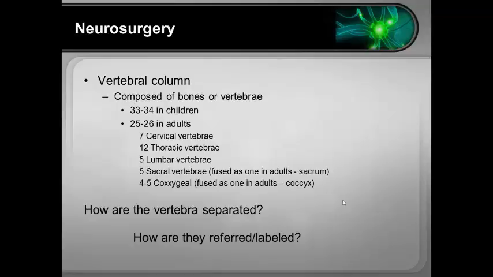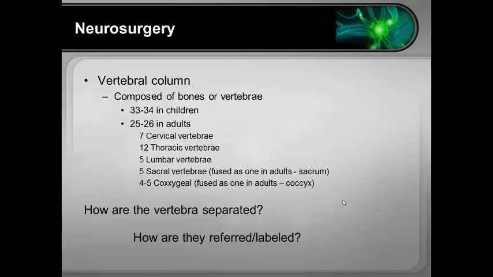Each vertebra has a name and location, and we can locate them by using the numerical designation and by the portion of the spine that they are. You know the spine is a curved structure. So initially it curves outward in the cervical spine. And then it transitions to an inward curvature in the thoracic spine.